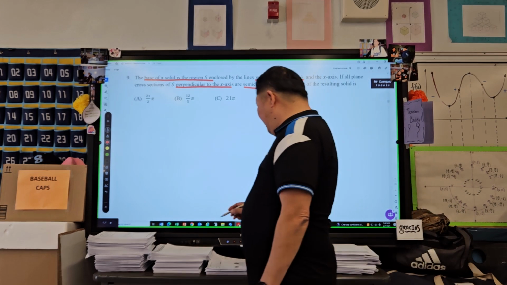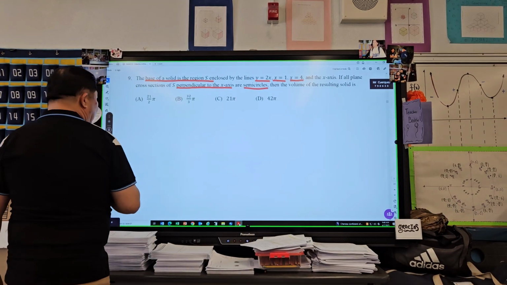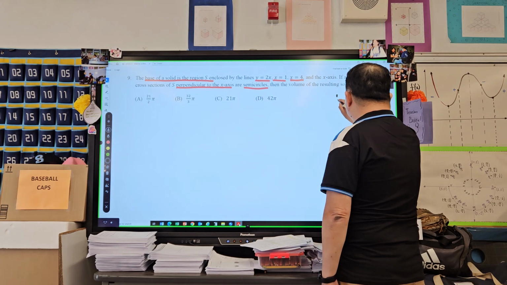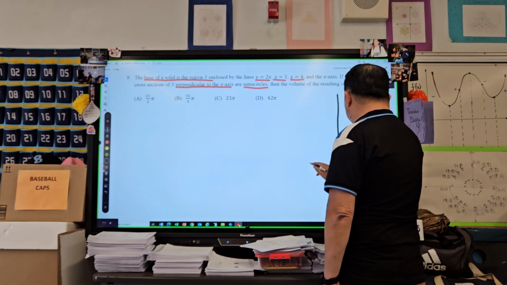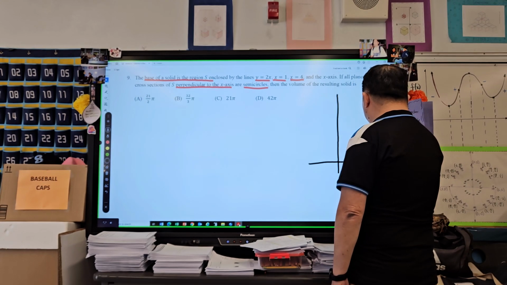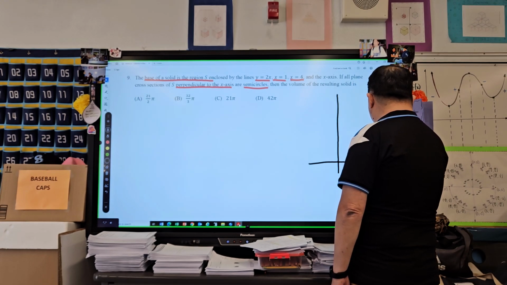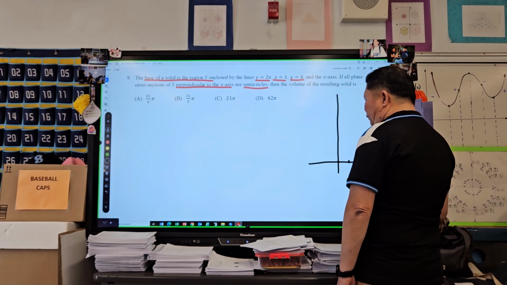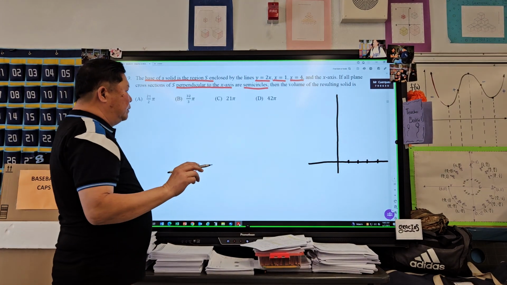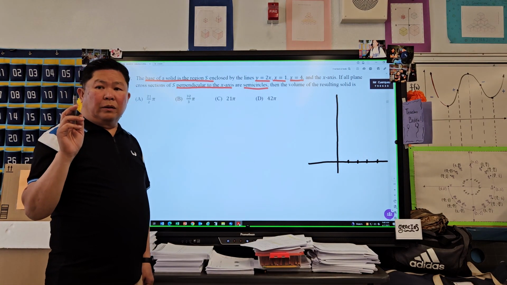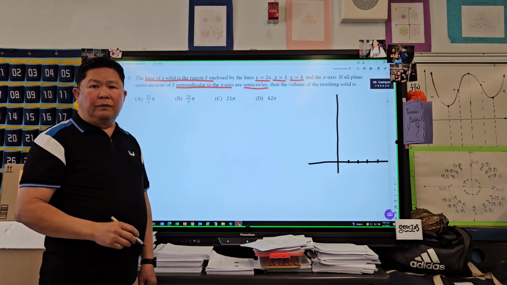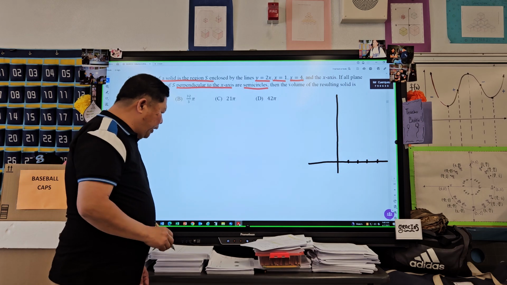So we're gonna have volume, but before that we're gonna sketch. Okay, now if we sketch this one, so I'll use red color for the function or the graph of y equals 2x.